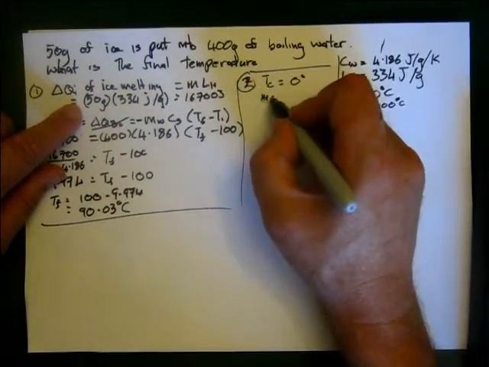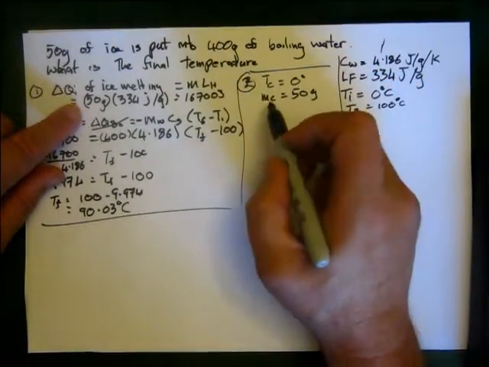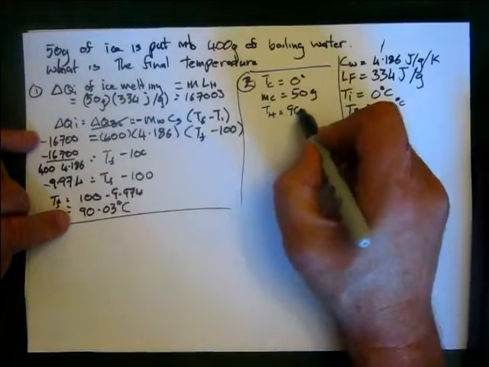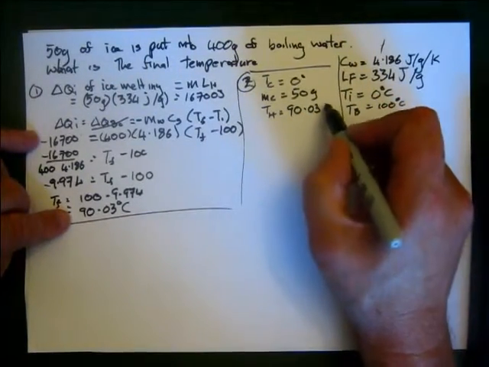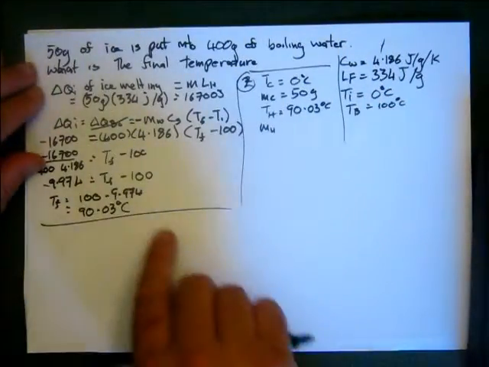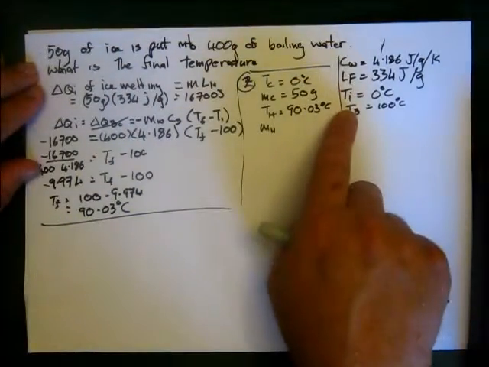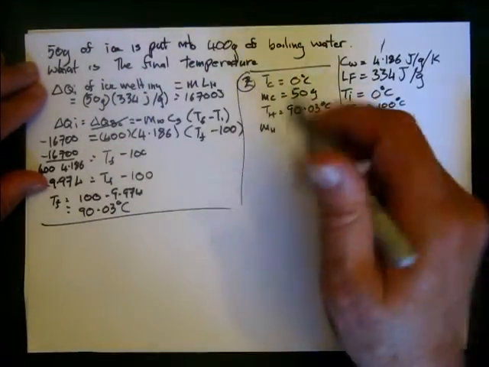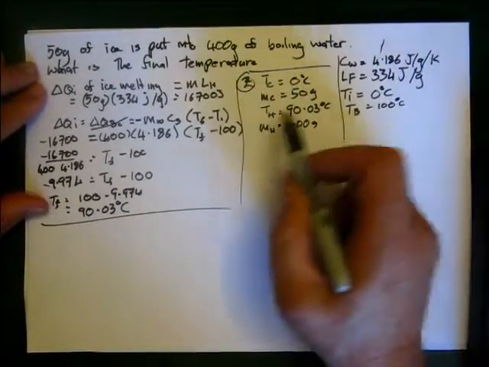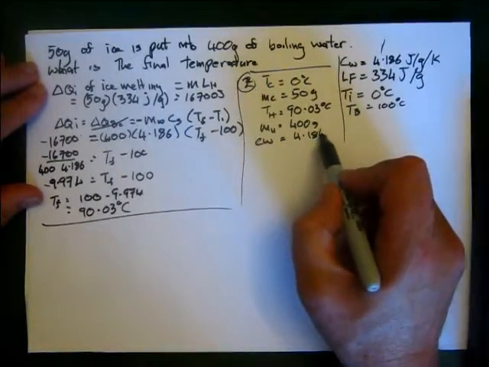The temperature of the hot water, that's what we just worked out, is 90.03 degrees C, and the mass of the hot water is 400 grams. And C for water hasn't changed. It's still 4.186.